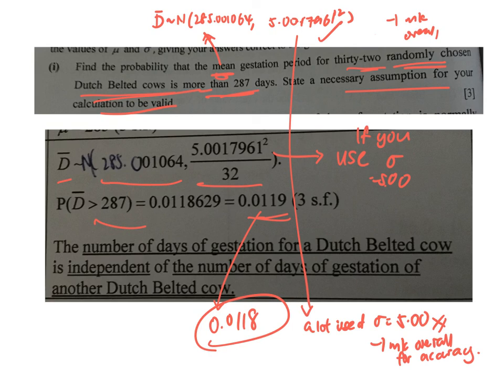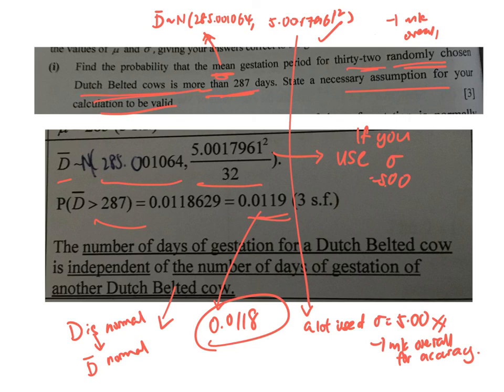Okay, so in this question, it's actually already normal. So if D is normal, given by the question, then D bar is basically just a linear transformation of D1, and D bar is also normal. A lot of you actually went and used the central limit theorem, which you don't have to, because the central limit theorem is only for samples where the distribution is unknown, or binomial.